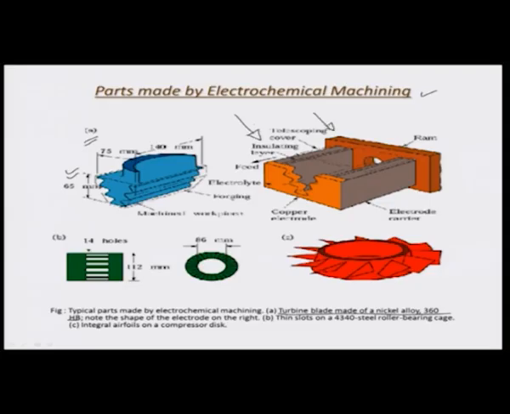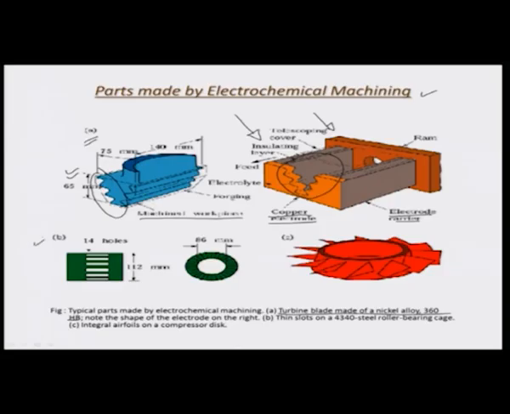Okay. And you can see the complexity, particularly in this particular region, which is really the negative map or an inverse map of the feature that you would like to obtain on the workpiece surface. Okay. So, a copper electrode of the exact negative replica is created, and which would eventually result in a complex machined workpiece surface like this using the processes that we have illustrated before.